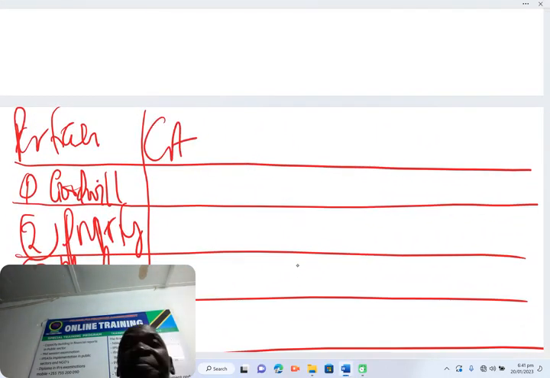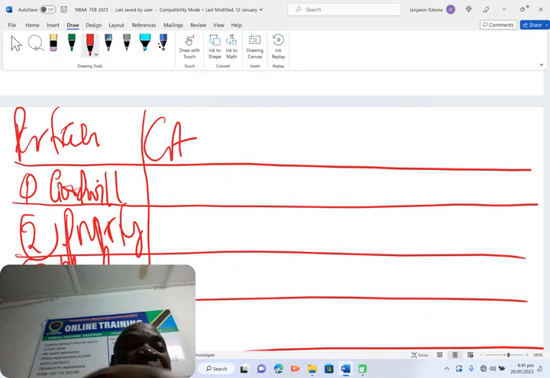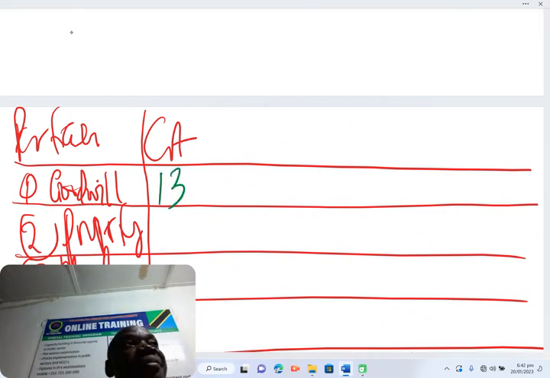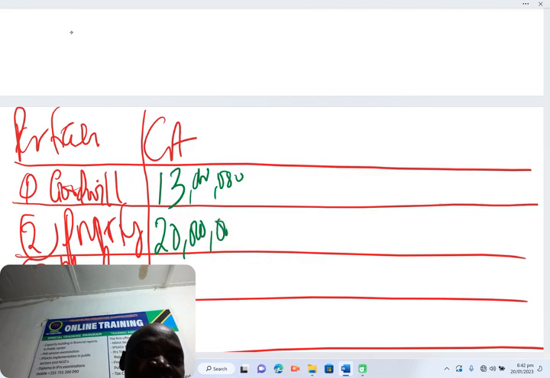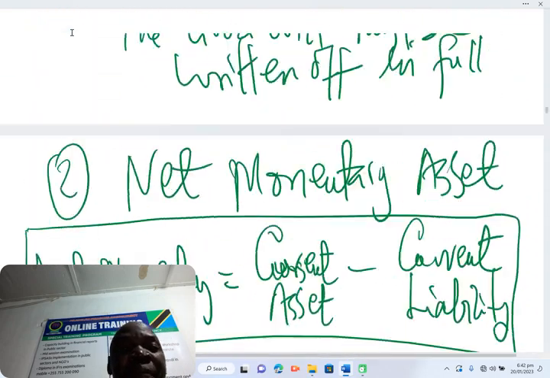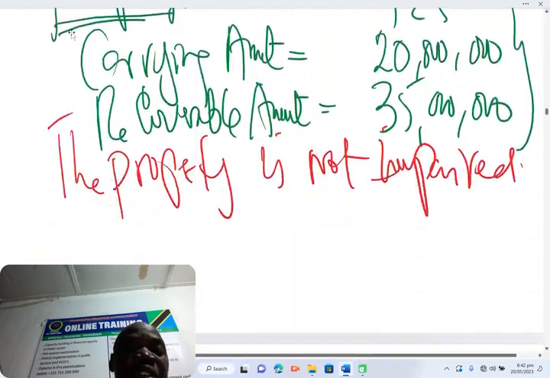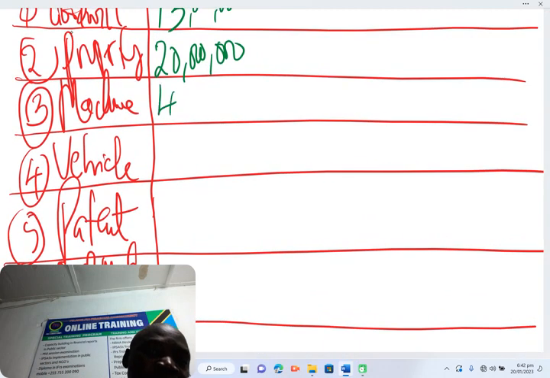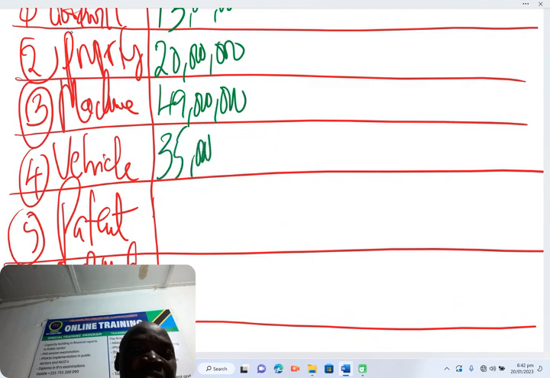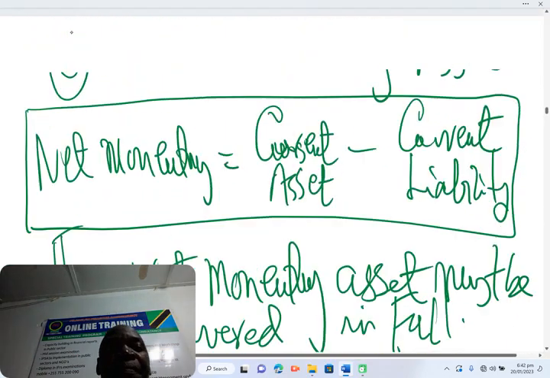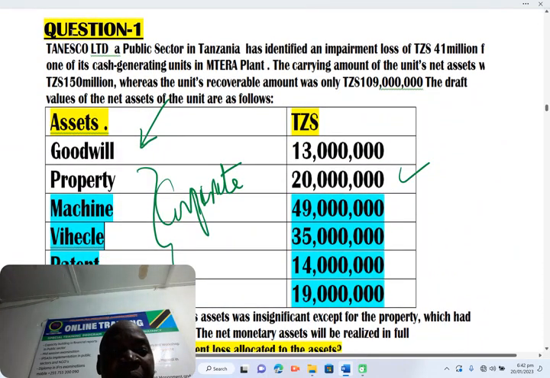So we have the carrying amount here. Remember, the carrying amount of goodwill is how many? 13 million. Isn't it? How about the property? It was 20 million. How about the machine? The machine is 49 against 35. And lastly, we have patent.